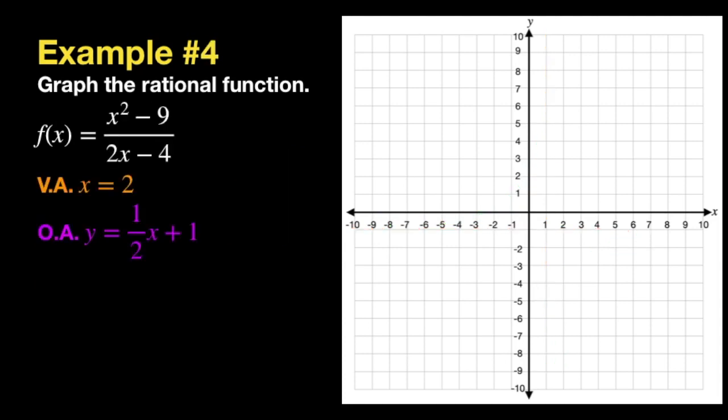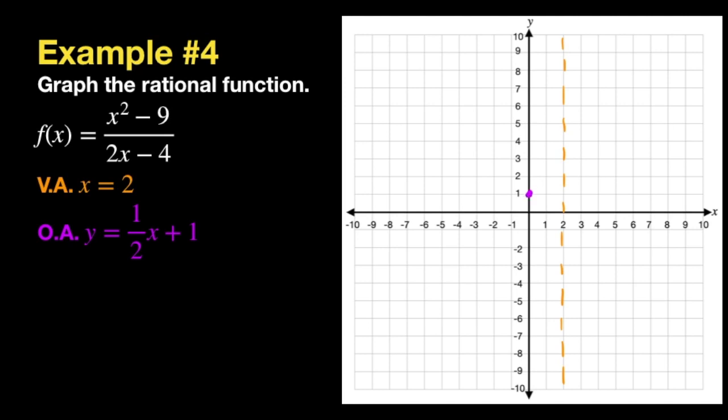This one, your vertical asymptote is at 2. So again, we're going to create our dotted line at 2. The oblique asymptote is actually a line, and it's going to be a linear equation. As a quick refresher, this is your y-intercept. So we're going to start at 1.